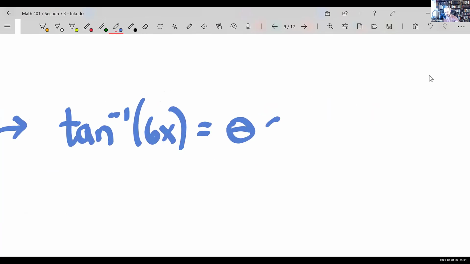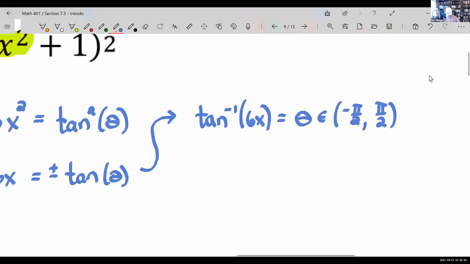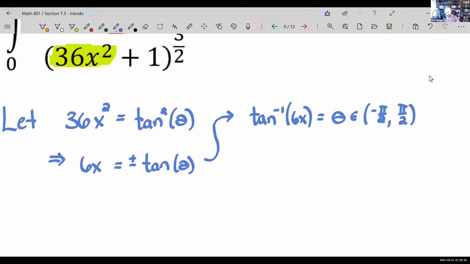And this is restricted to be an angle between negative pi over 2 and positive pi over 2. So once I say that, I know that the angles are in either quadrant 4 or quadrant 1.